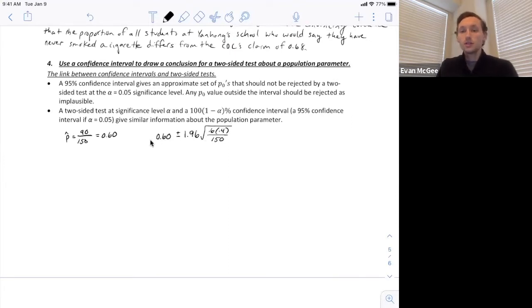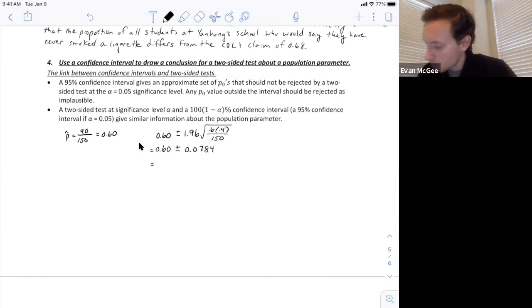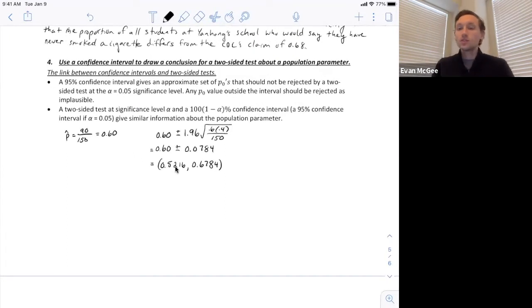And if we crunch these numbers, we'll get a confidence interval of 0.5216 to 0.6784. We had a margin of error of 0.0784. So the interpretation of this confidence interval is that we're 95% confident that the proportion who claim to have never smoked is between 52.16% up to 67.84%.